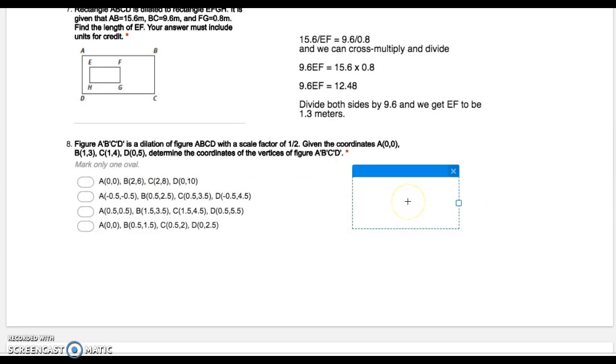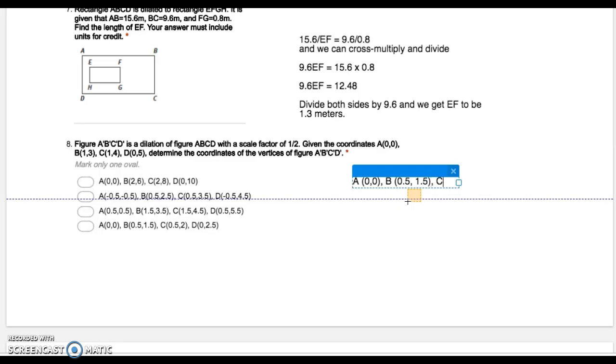So when we do that, when you take A, so 0, 0 will stay the same. Nothing happens there. B, when you do that, you'll get 1/2 of 1 is 0.5. Half of 3 is 1.5.